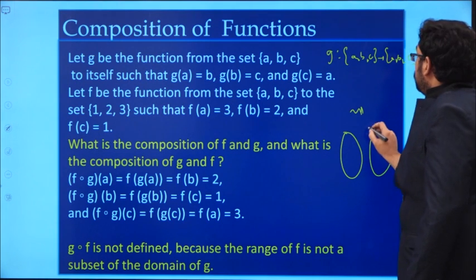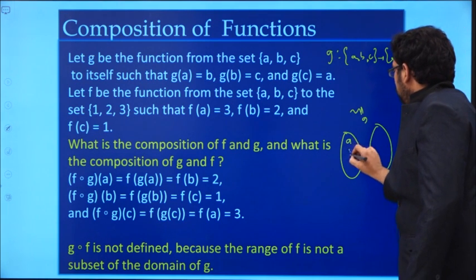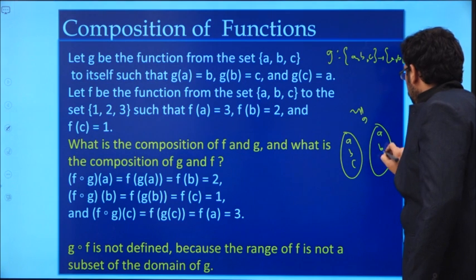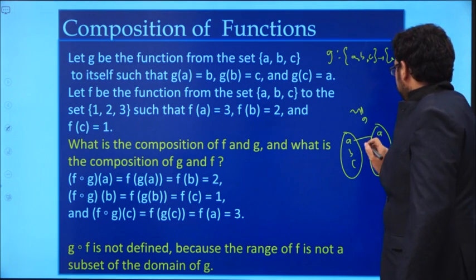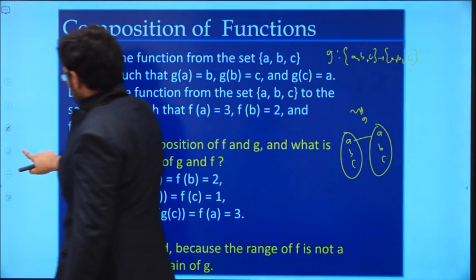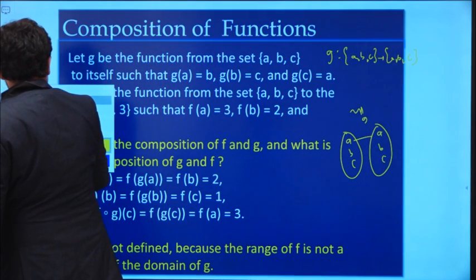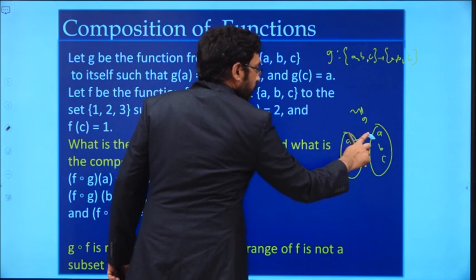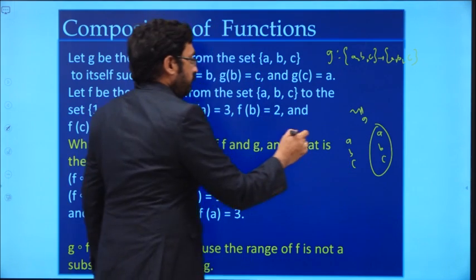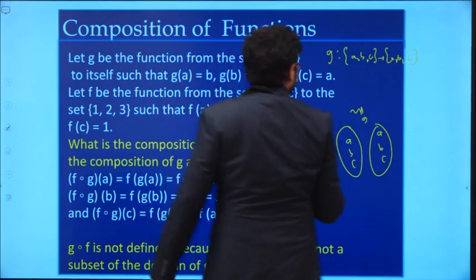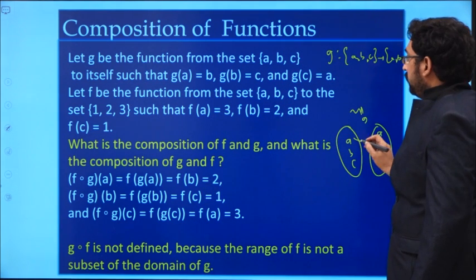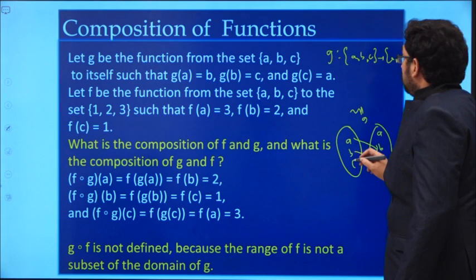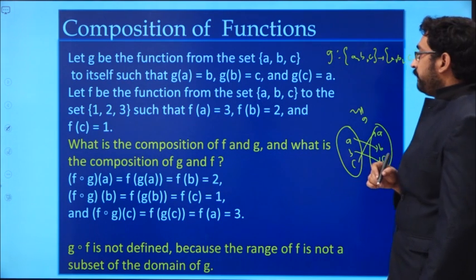So g is a function from {a, b, c} to {a, b, c} defined as a is mapped to b, b is mapped to c, c is mapped to a.